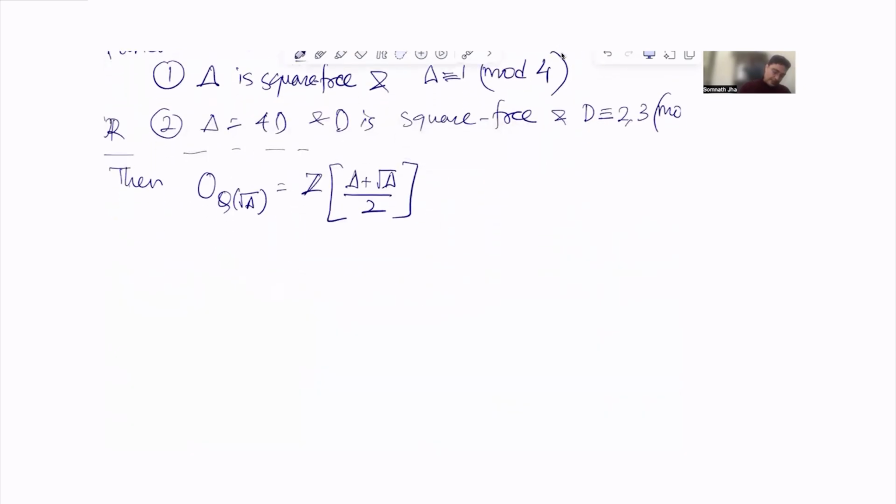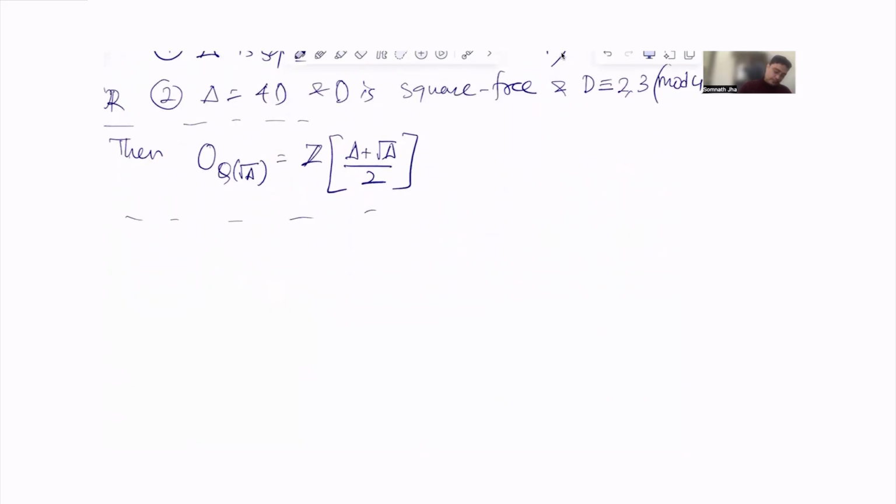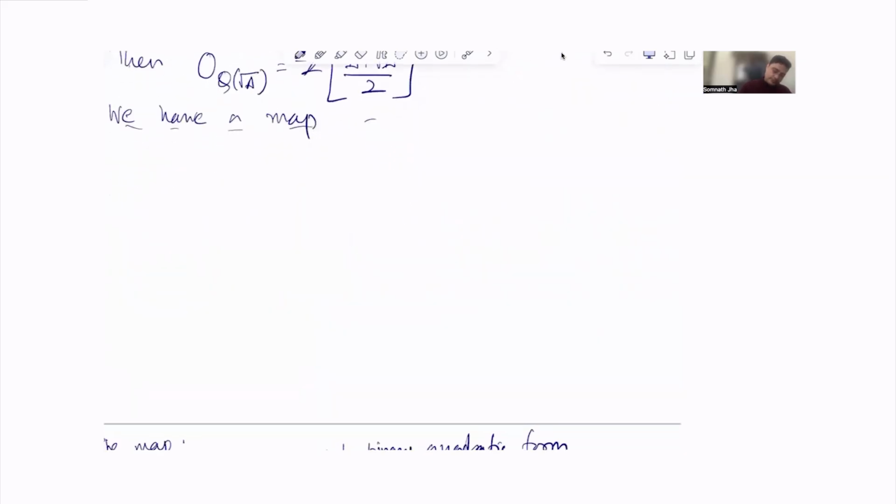So we have a map from this set to this set.